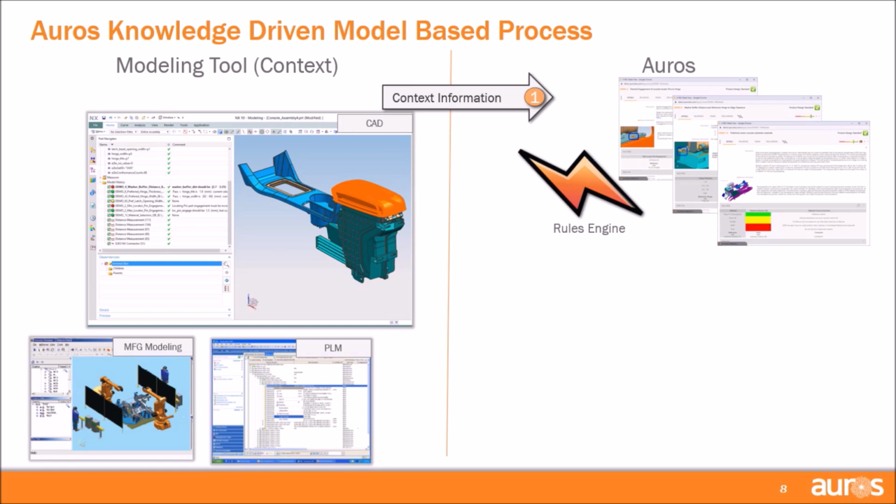Whatever these modeling tools are, the first thing that happens is we need to detect context from those tools and deliver that context to Auros. When we make that connection and that context is delivered, the relevant knowledge packets are collected and made ready to interface back to the CAD application.